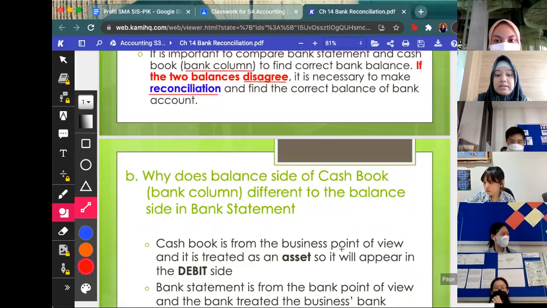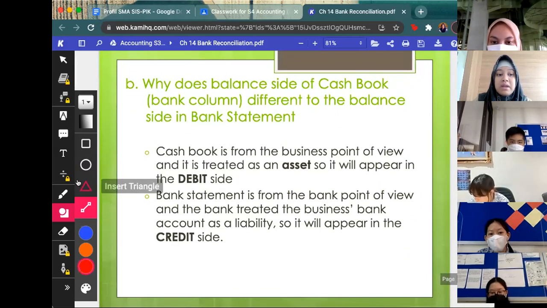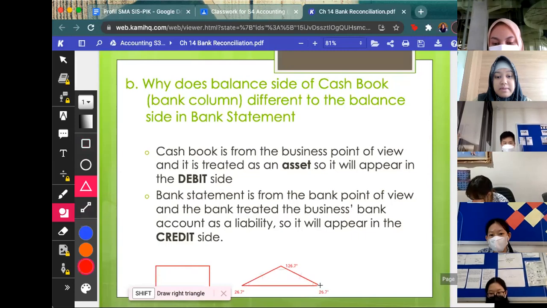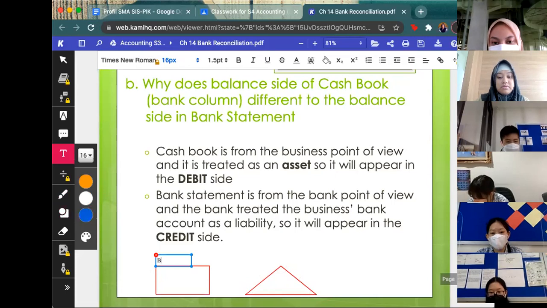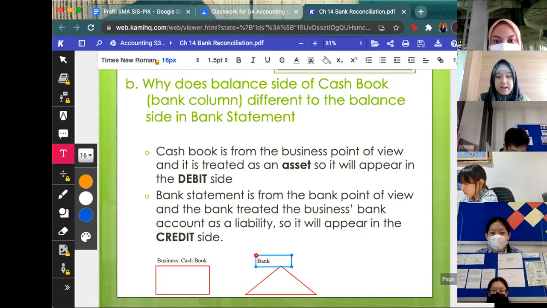Next, why does the balance of the cash book bank column differ from the balance in the bank statement? Now I'm going to redraw again. This is the business, which has a cash book, and this one is the bank, which has a bank statement.